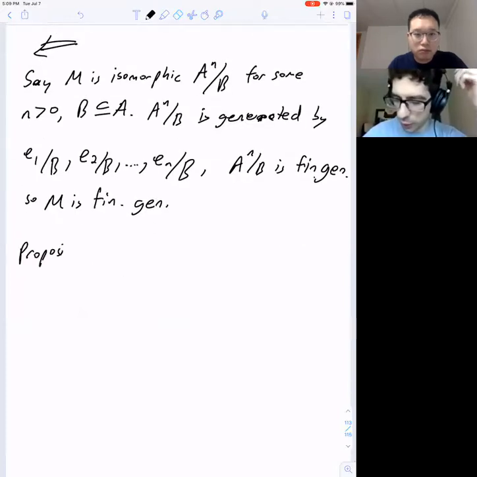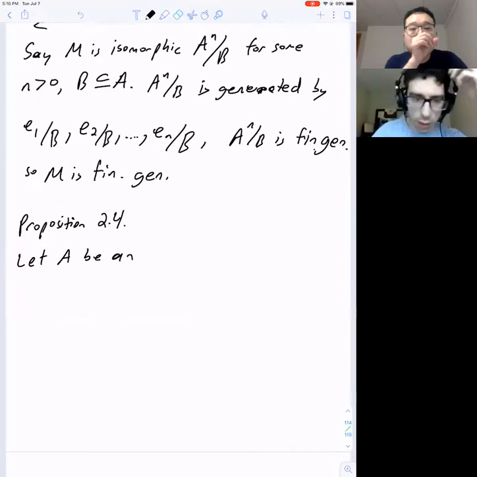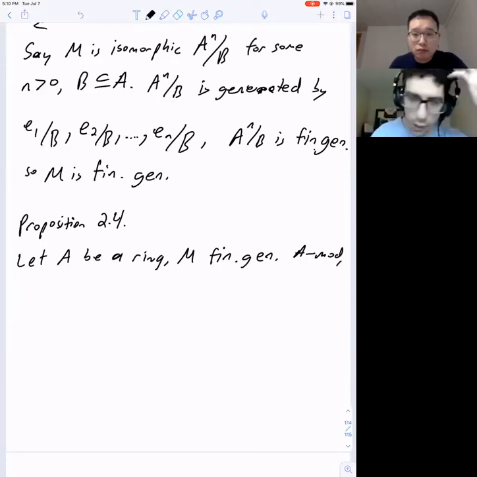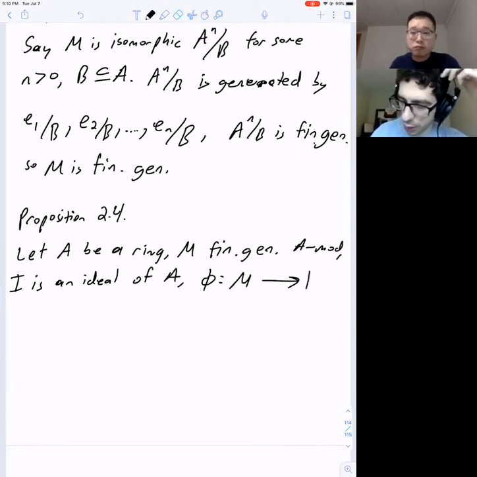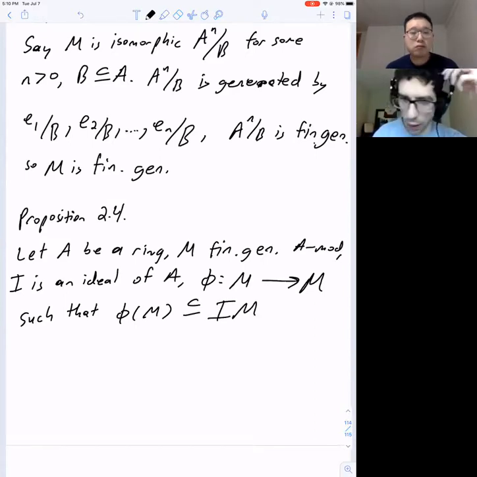Let's move on to the next one. Let A be a ring, M a finitely generated A module, and I an ideal of A. Let phi be an endomorphism of M such that phi of M is contained in IM.